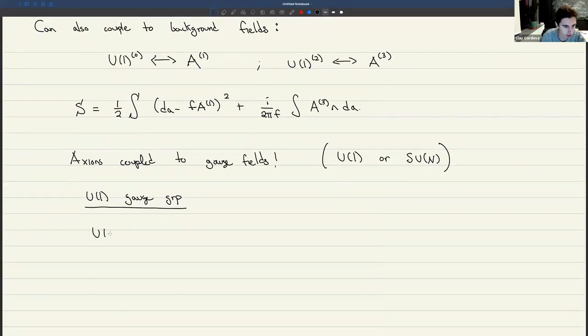So there's what I would call U1 electric and U1 magnetic. That's what the E and M subscripts are for. They're both one-form symmetries, electric and magnetic. And they act on lines, so either Wilson lines or 't Hooft lines.